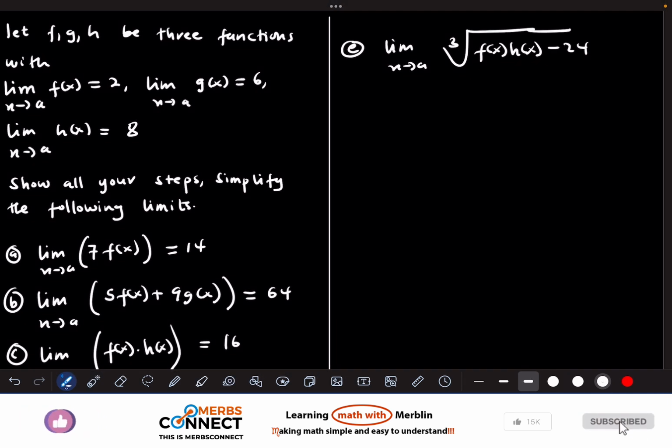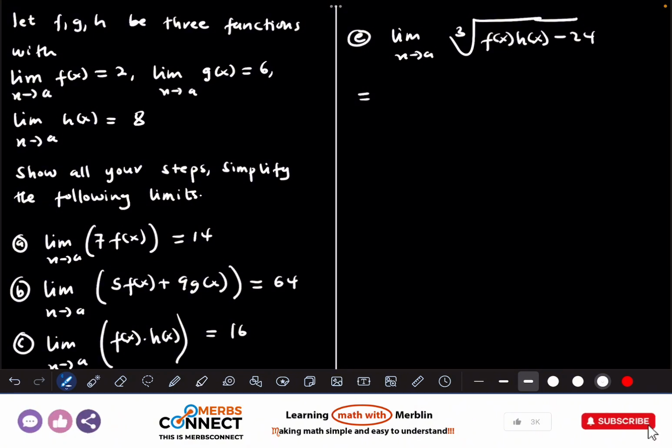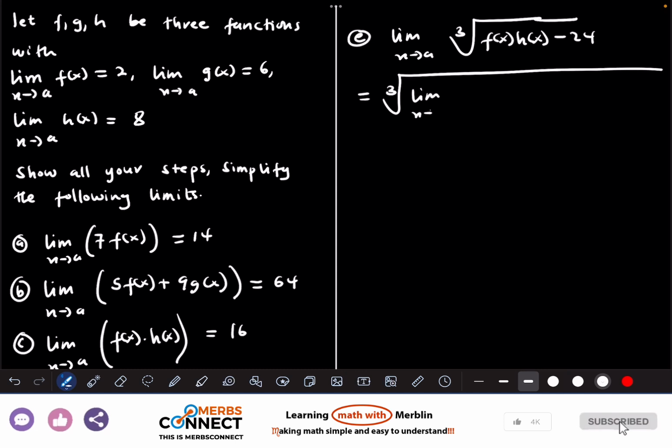Yes. So applying the property, we are going to have cubic root of limit x is approaching a of f of x h of x minus limit of x, or let me write this one as 24.